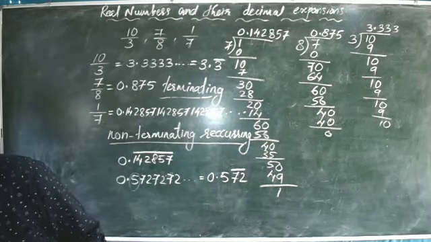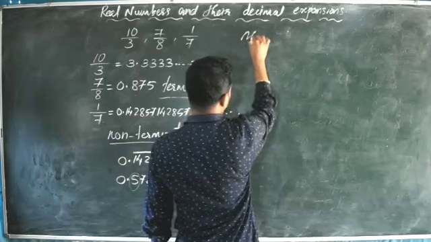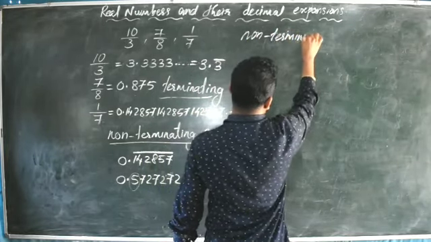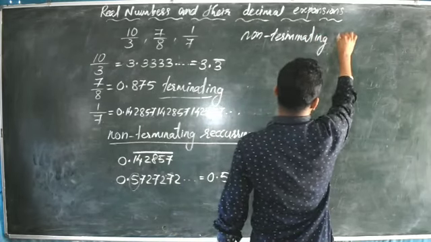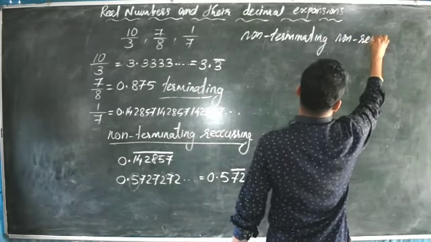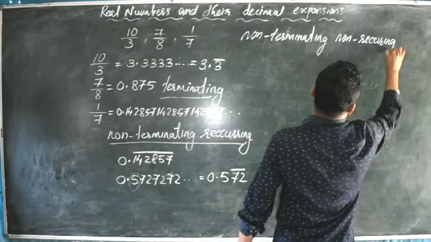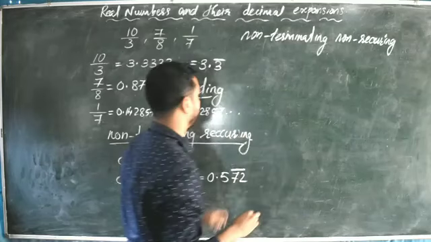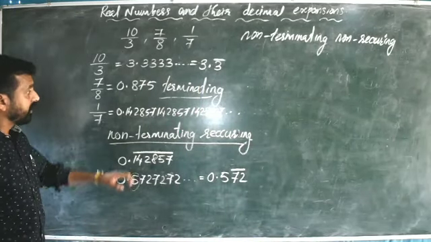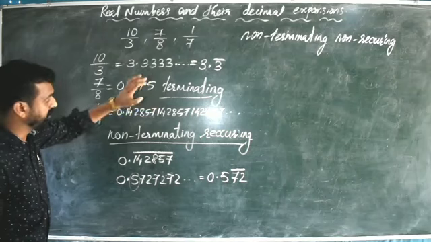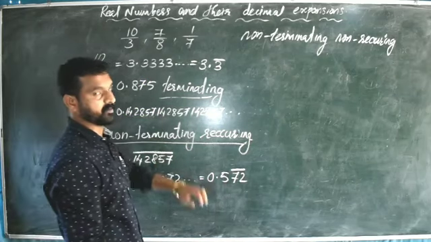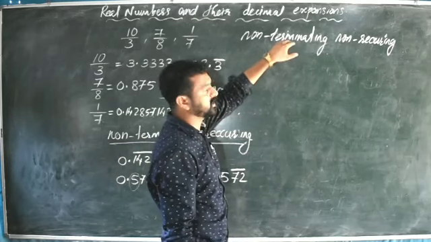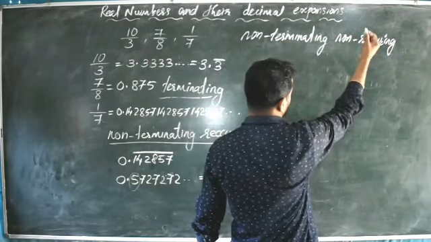The decimal expansion of irrational numbers will be non-terminating, non-recurring decimals. Rational numbers will be either terminating or non-terminating recurring decimals.